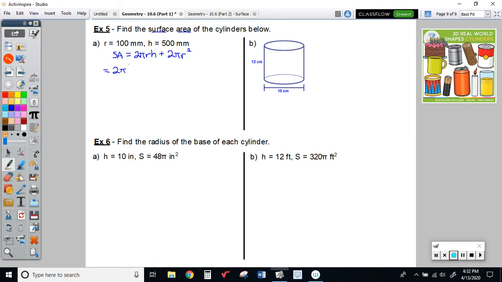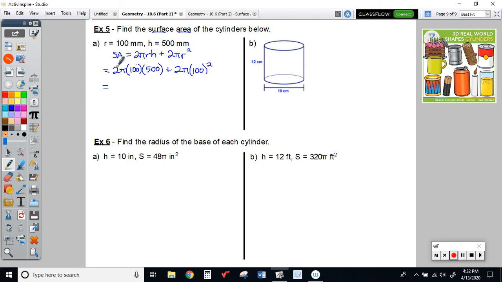So 2 pi times 100 times 500 plus 2 pi times 100 squared. So we can simplify this using PEMDAS to get what we have for a value there. So I'm multiplying all this together.